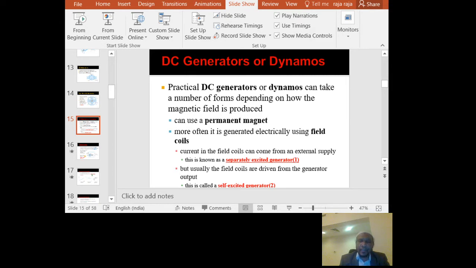So what is a dynamo? In your school days, or even now, you can see on a bicycle that in the front they have a light, and the lamp needs electricity. So what they do is connect a small DC generator, a dynamo, to the back wheel of the bicycle so that it touches that wheel.